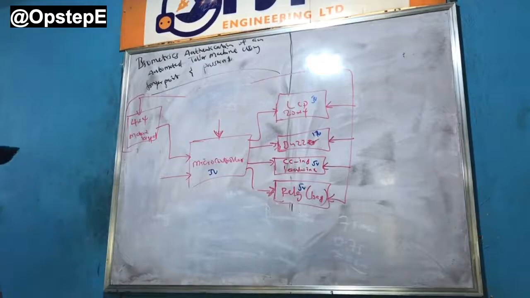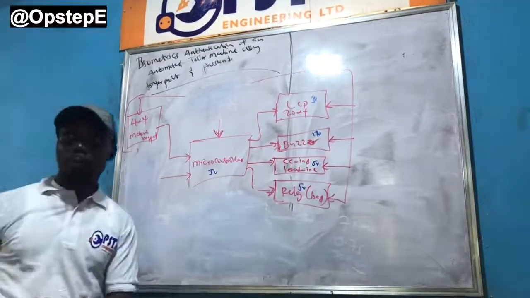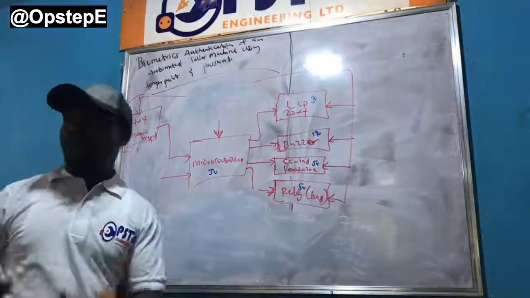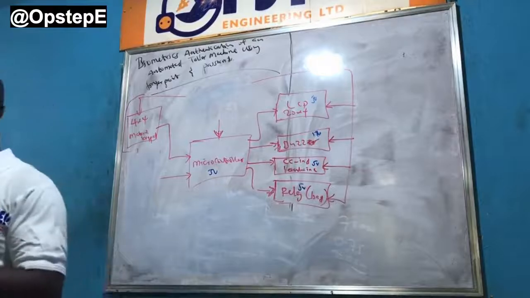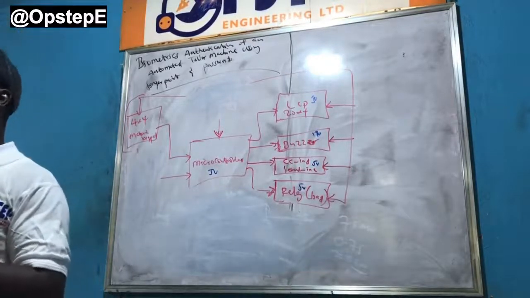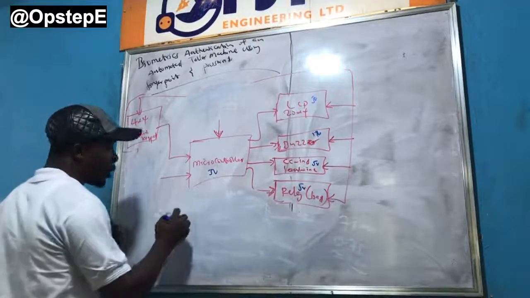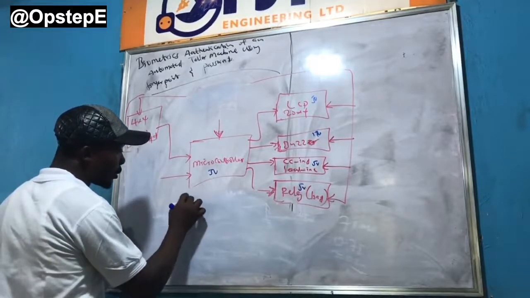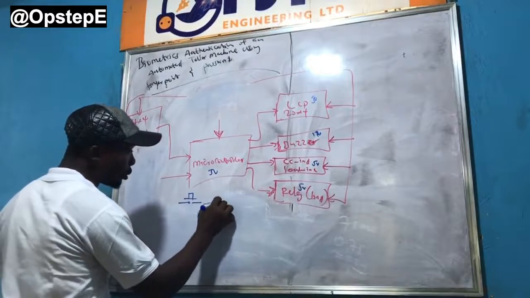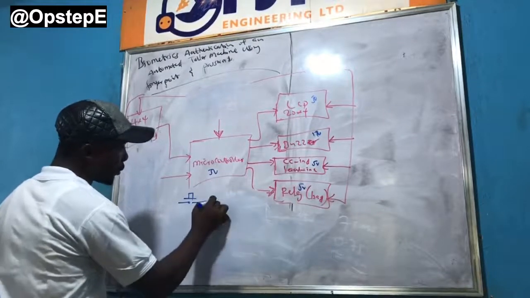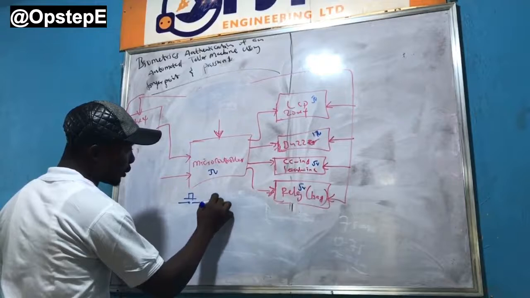Now, for the matrix keypad, we had discussed before that what is in any keypad, for that matter, is just switches. You have a switch. I don't think I need to do this again.